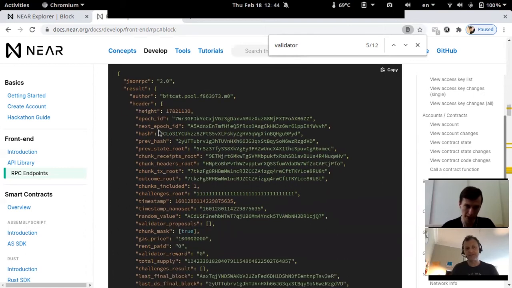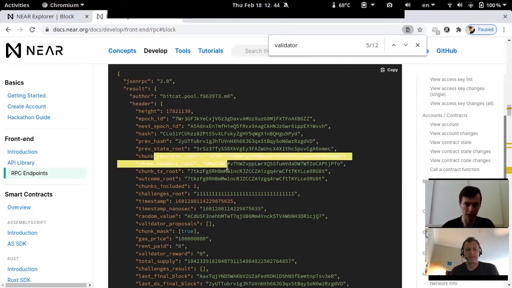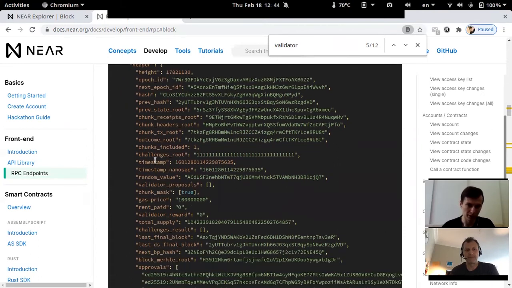Well, mostly it's references to next and previous and the state and the various other parts of the network. Timestamp is there. Random value is like an internal thing. It's quite an interesting topic by itself, how we deal with random numbers, but it's a very different one. I don't think it's available on Explorer side.